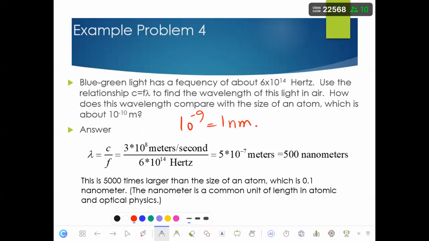So if you convert 5 times 10 to the power of negative 7 meter to nanometers, it is going to be 500 nanometers.